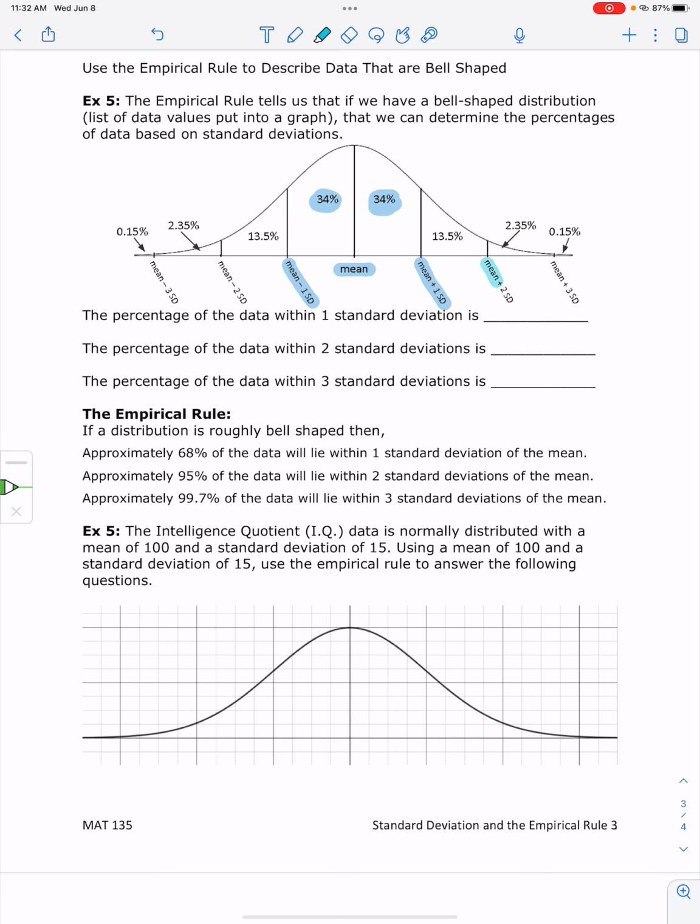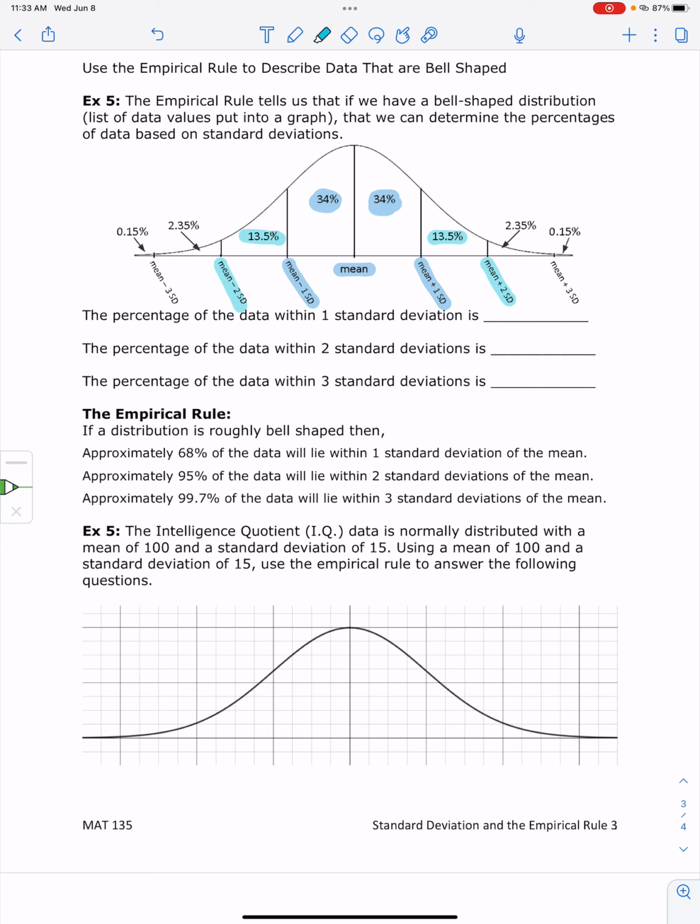I can go to 2 standard deviations. I trap another 13.5%. So 2 standard deviations below, and this 13.5% is between my 1 standard deviation and my 2 standard deviation values.